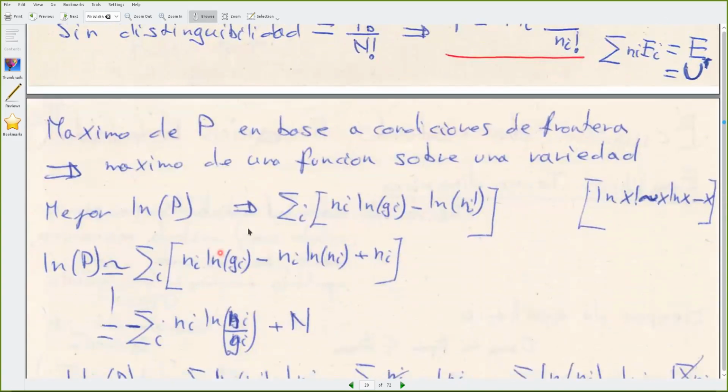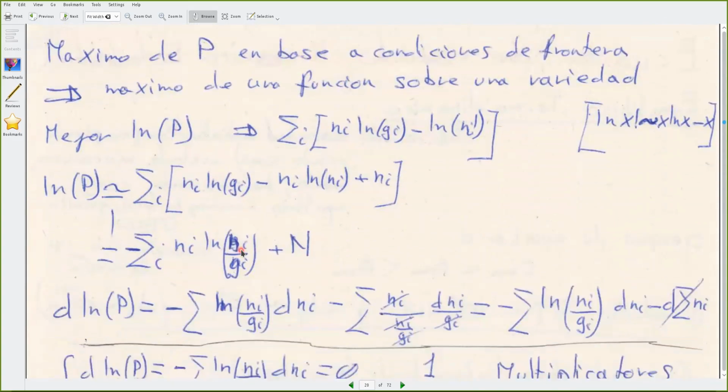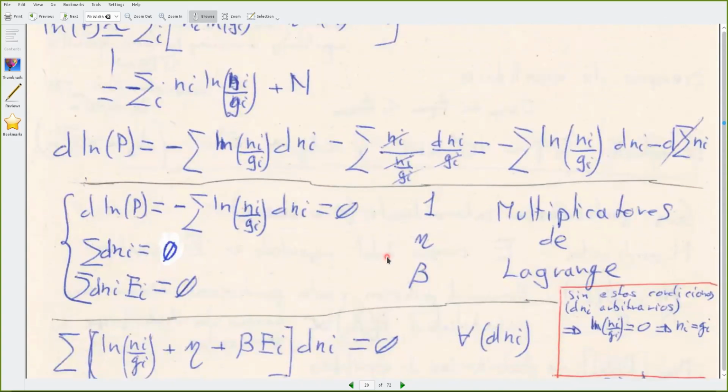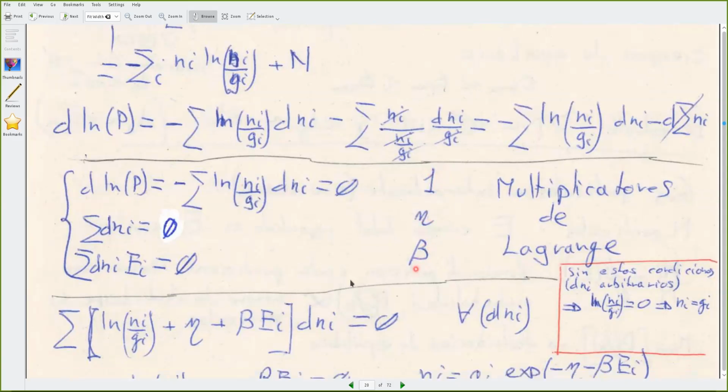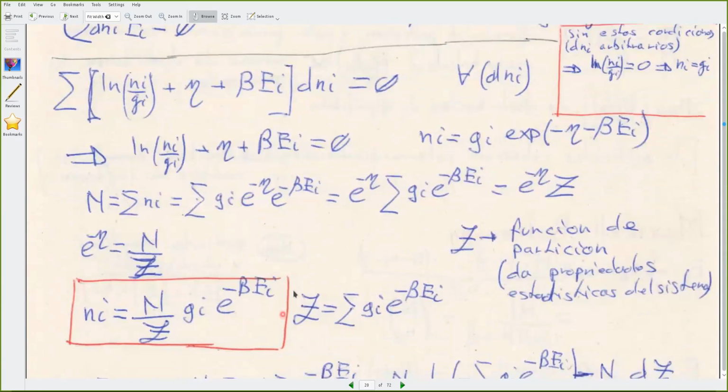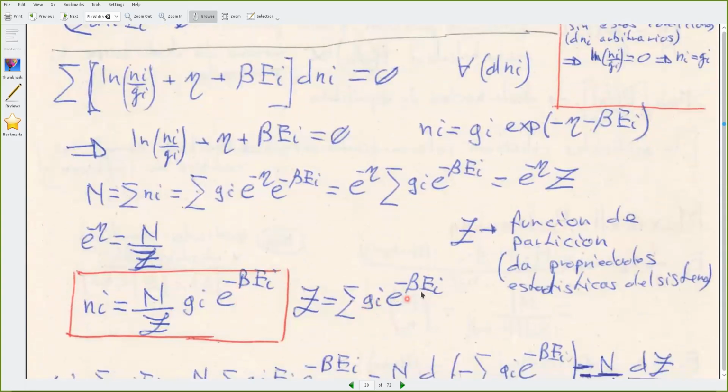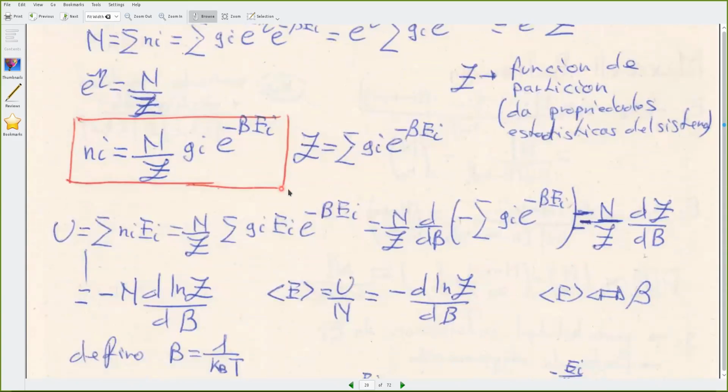We maximize the probability using also the Lagrange multipliers, calling them eta and beta. Going inside, we get this. At the beginning, this is the generic formula for the Maxwell-Boltzmann distribution, with Z the partition function, which gives the statistical characteristic properties of the system.